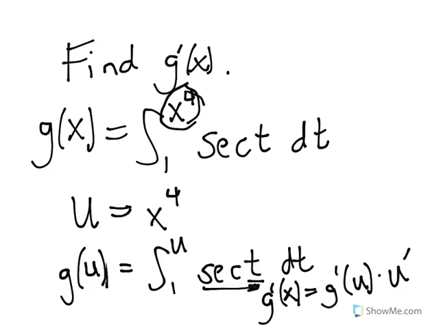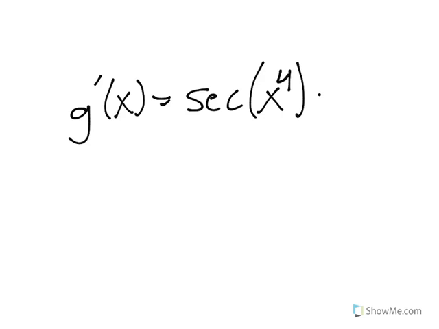There's your f function with u plugged back into t. We're using x to the 4th instead of u though, but then what we also need with this chain rule is to multiply by u prime. So what is the derivative of u here? That's the derivative of x to the 4th. We need an extra 4x to the 3rd there because of that chain rule.